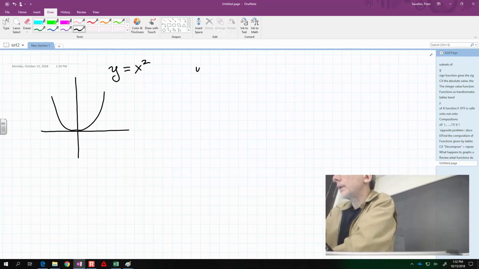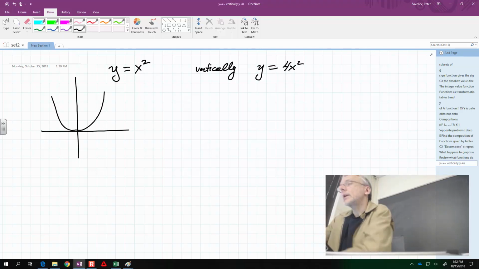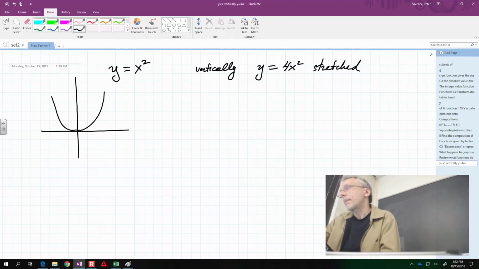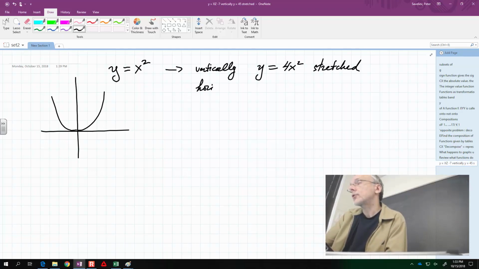Vertically, say, how about y equals 4x squared? Vertically, what has happened is we vertically stretched. So we took y equals x squared and stretched it vertically to y equals 4x squared. Okay, what if we horizontally shrink?